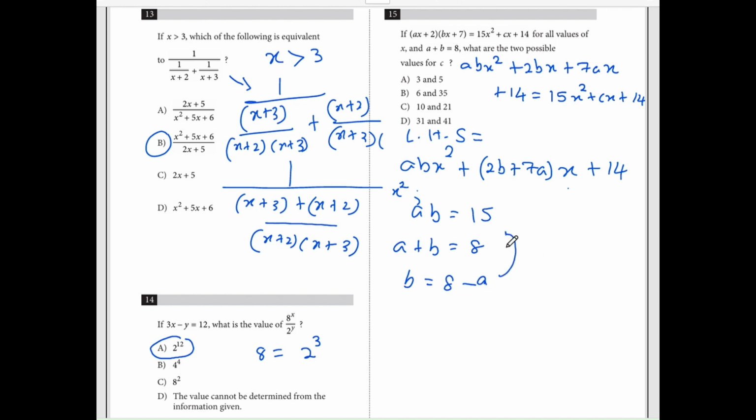Substitute it here: a into 8 minus a equals 15, then minus a squared plus 8a equals 15, so a squared minus 8a plus 15 is 0. So this is a quadratic equation.